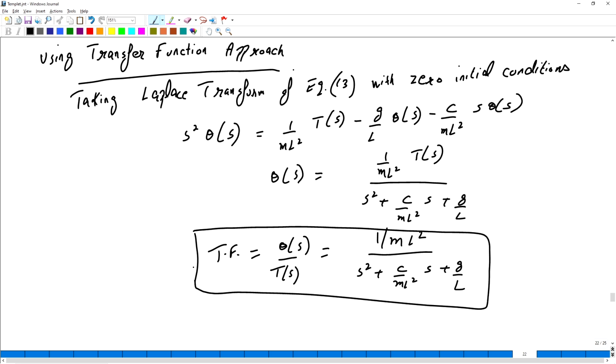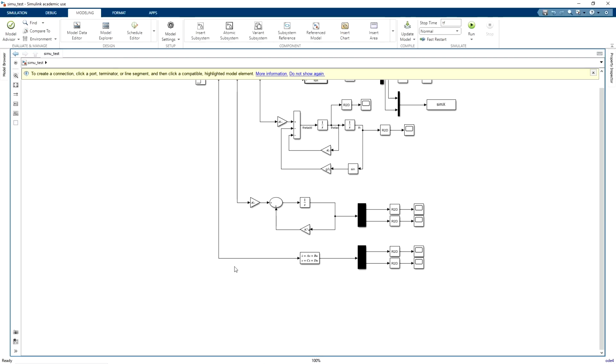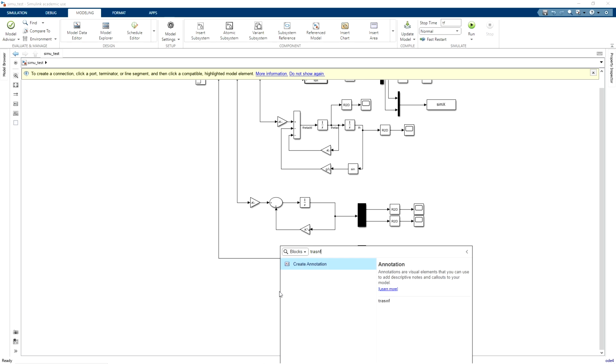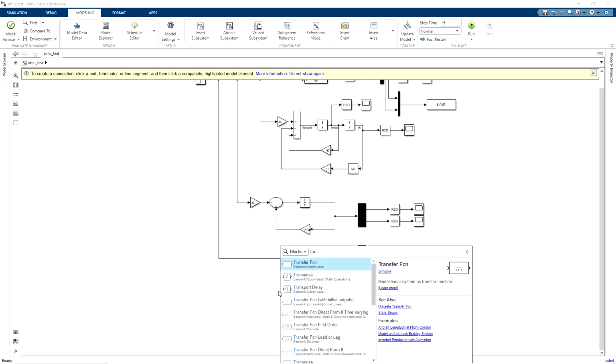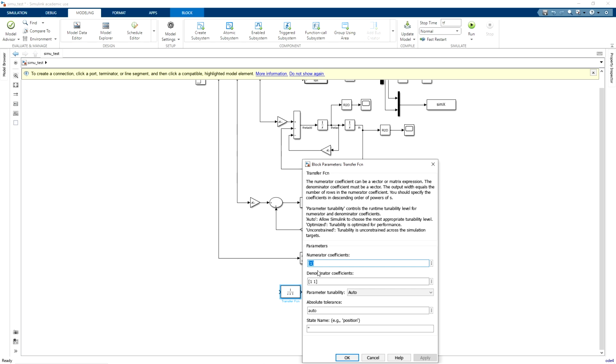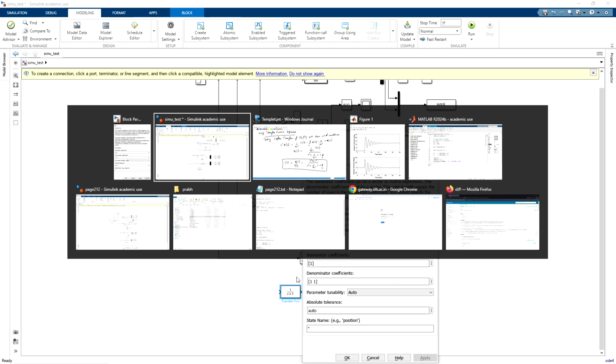Now let us plot angular position and angular velocity using the transfer function approach. All right. I will write here transfer function. I will simply write what is actually in the numerator coefficients. I will simply write from here.